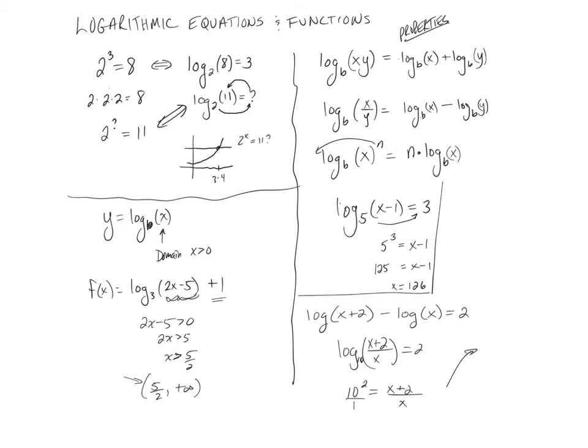So x times 10 squared is 100x, and then 1 times x plus 2, of course, is x plus 2. Get your x's together, you have 99x equals 2, so x equals 2 over 99. And that's a really, really common type of log equation, something basic like that. And that's something you would certainly expect to come across.